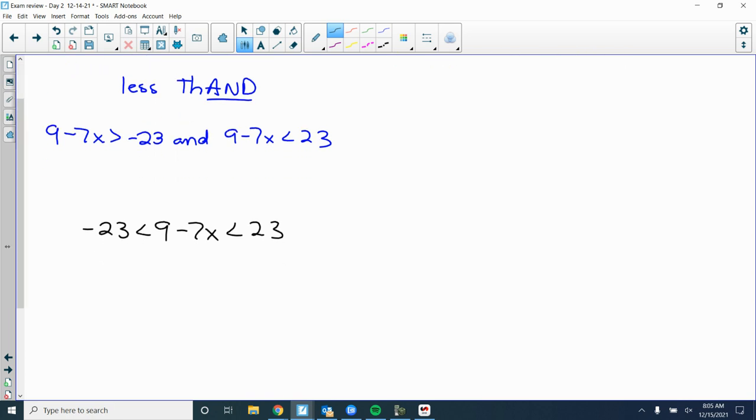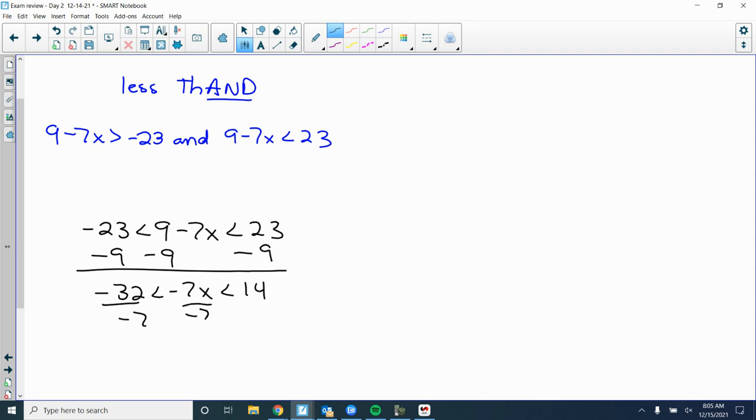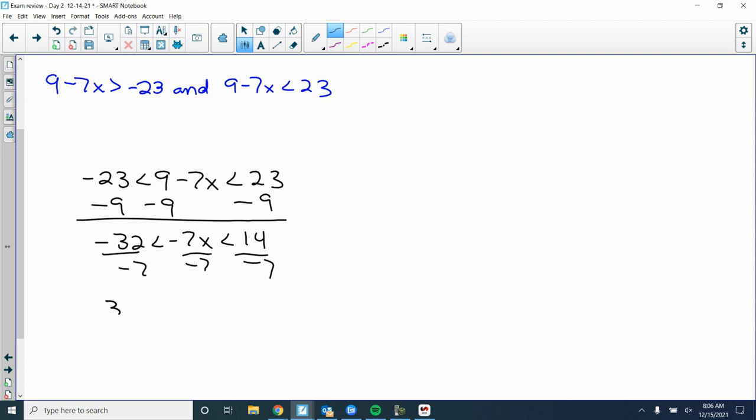You can solve that with an and, or you can solve this one. Subtract 9. I get -32 is less than -7x is less than 14. Divide by -7. Well, dividing by a negative flips your sign.